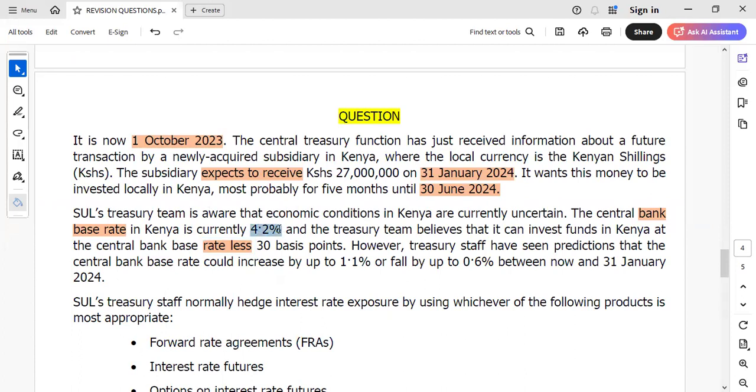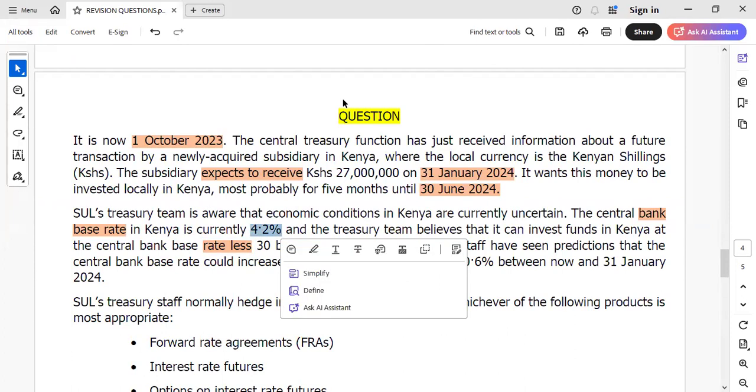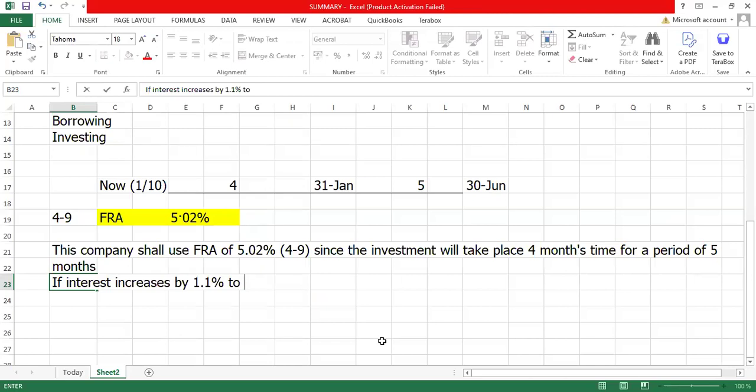You get that 4.2, you increase it by 1.1%. What do you get? You get 5.3?